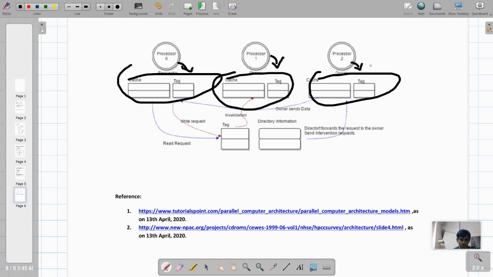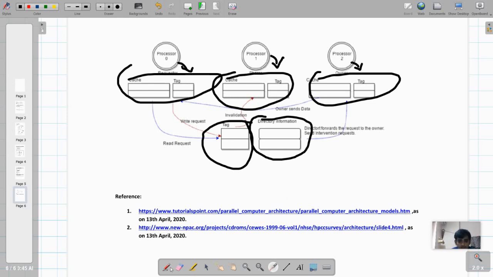This is your centralized shared memory. Along with the centralized shared memory, you are maintaining a directory. Now, what is the process of this directory-based protocol and what is the necessity?